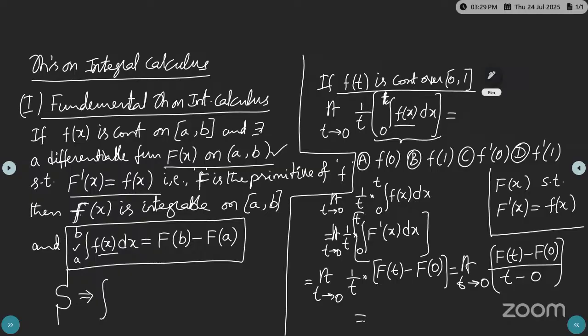What is the value of limit t tends to 0, capital F of t minus capital F of 0 by t minus 0? Tell me quickly.